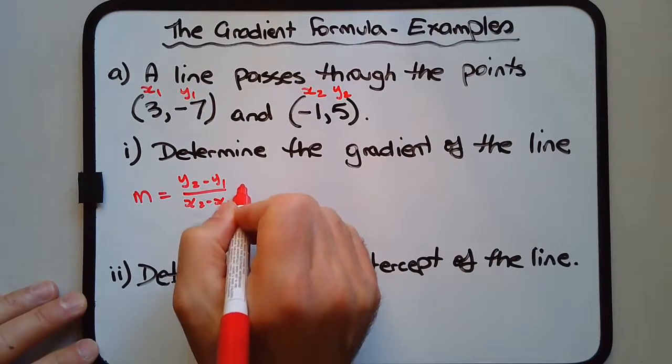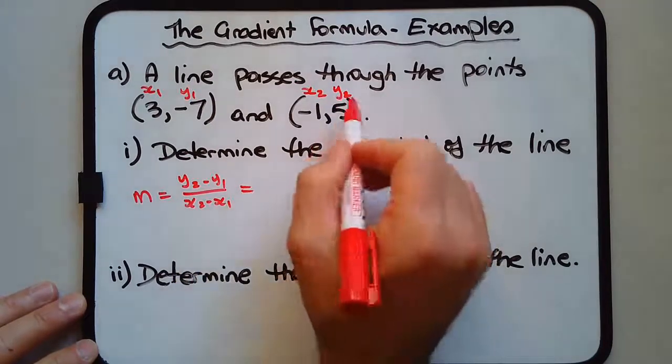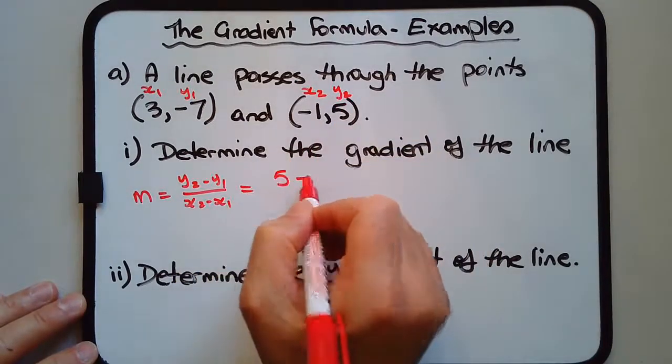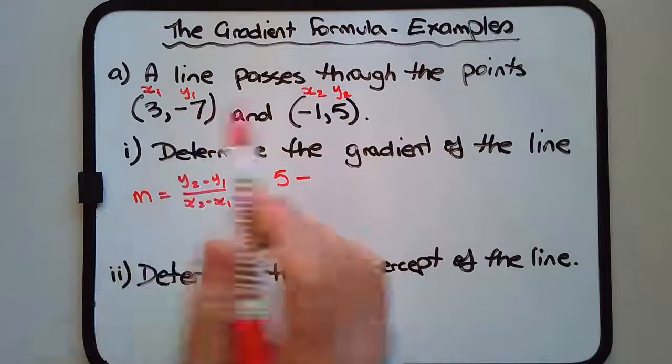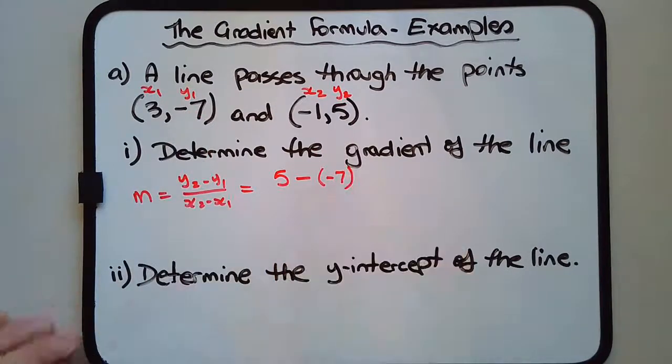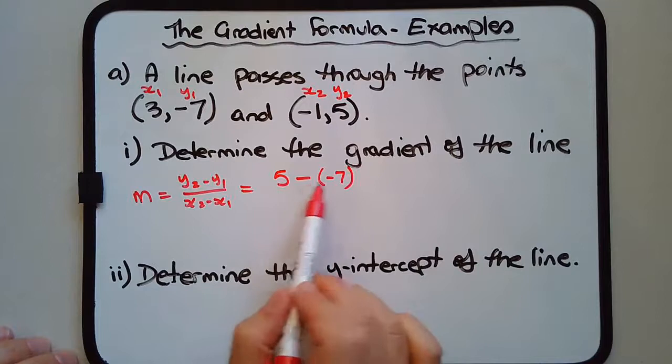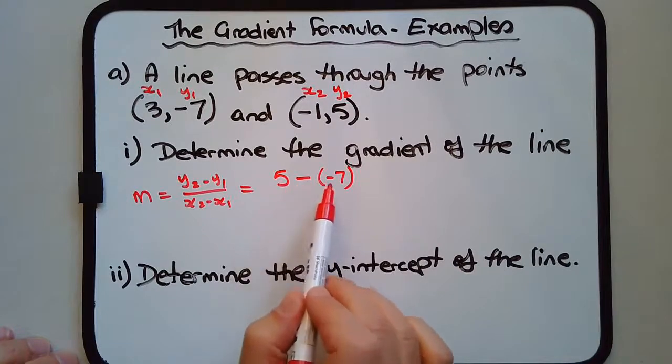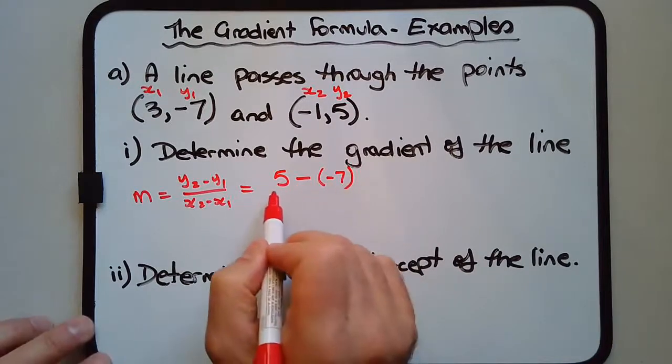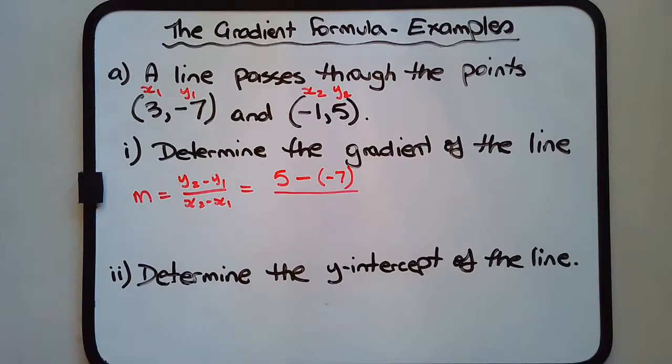All right, y2 minus y1: y2 is 5, minus y1, which is -7. Notice the double negative there: 5 minus -7. There's a slight difference between the word minus and the word negative. We're subtracting a negative number, and you know what a double minus does: it turns into an addition.